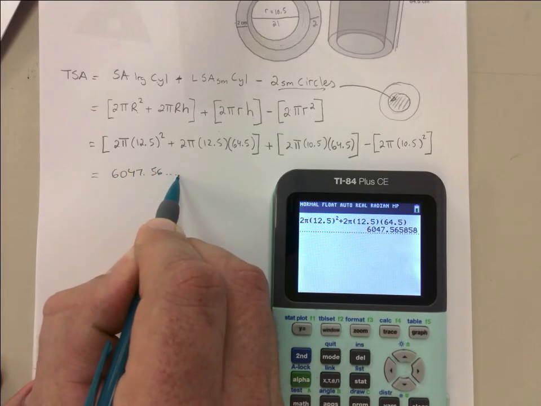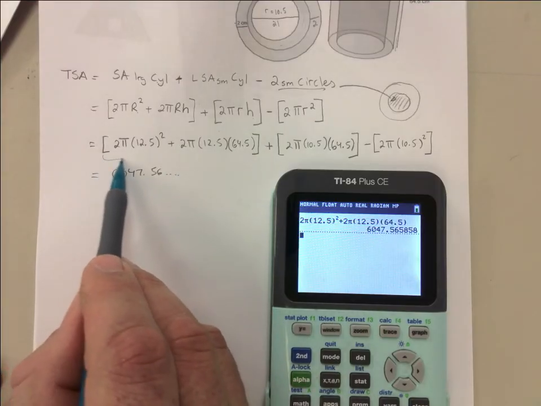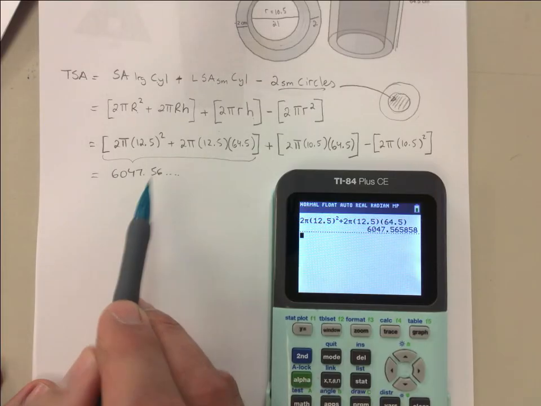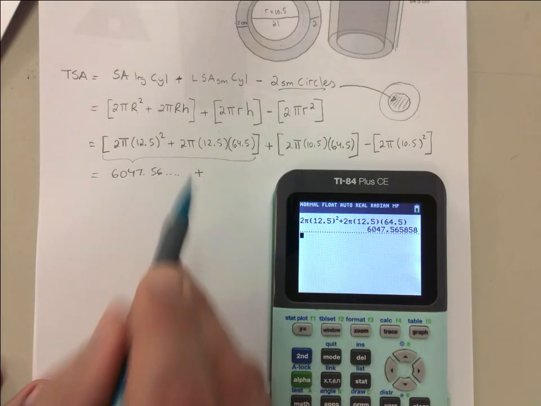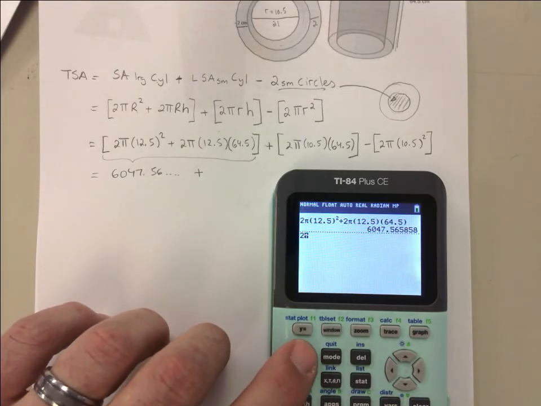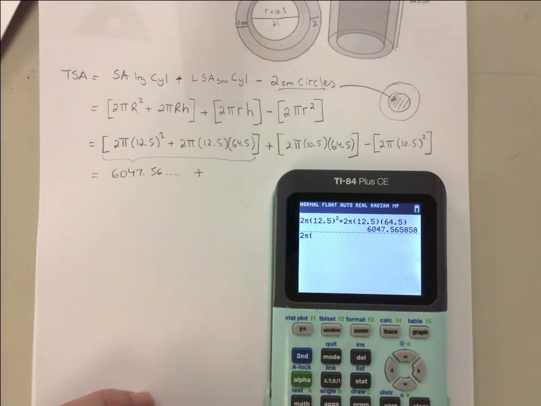And we're going to use all decimals, right? So this whole thing amounts to that, plus 2 pi. Please let me know if I make a mistake, because it sucks to make it right to the end and figure out that I typed something in wrong.